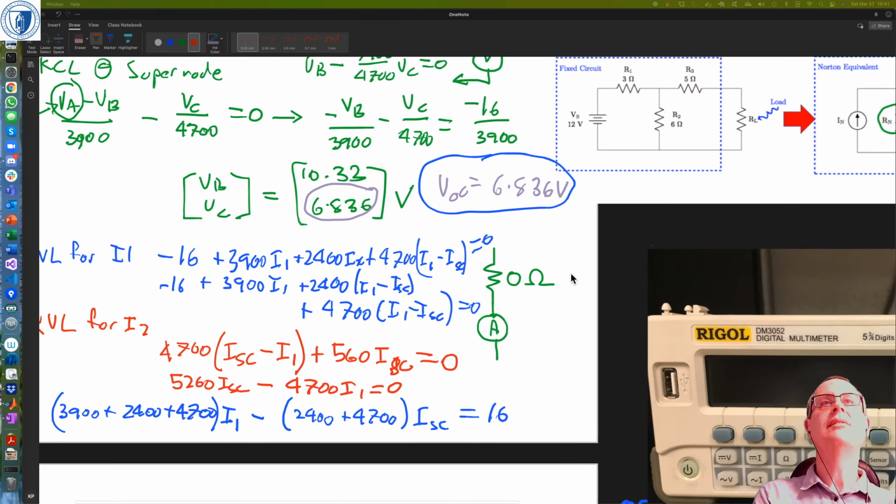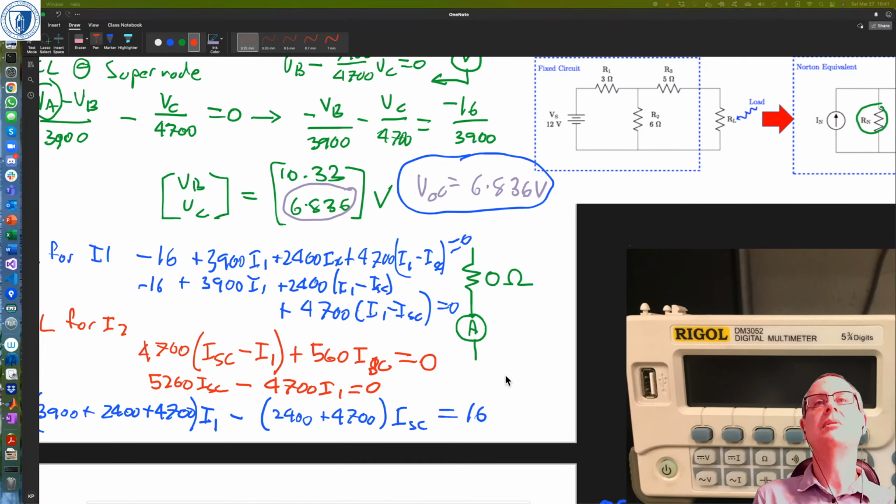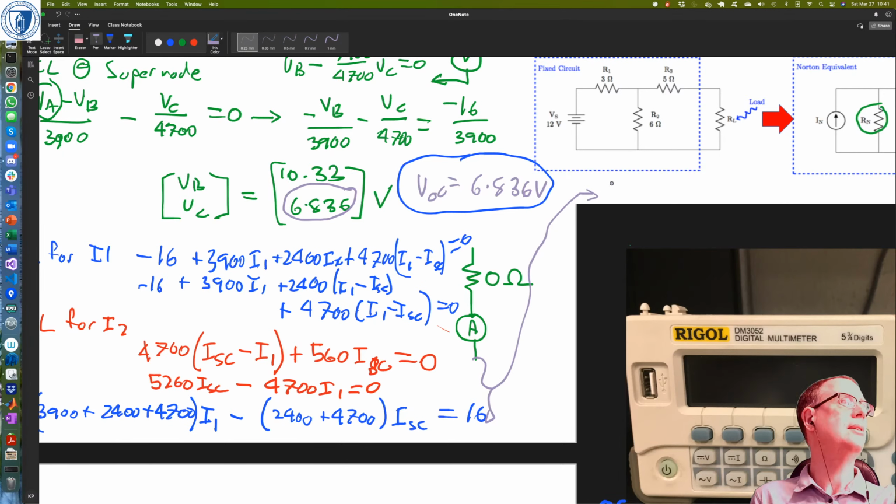If I've got space, I might just do it over here. So let's just take that up here. So that means that I1 and ISC are equal to 3.436 and 3.071, and both of those are in milliamps.